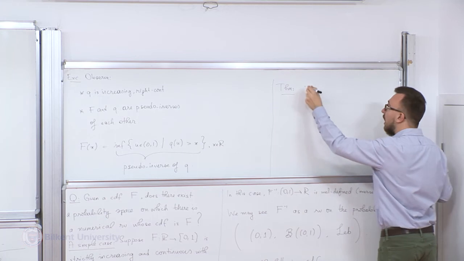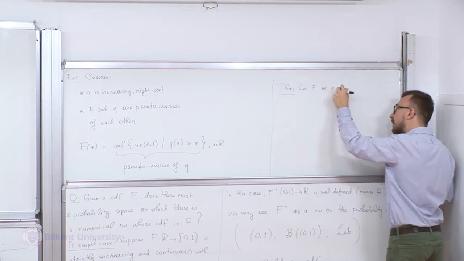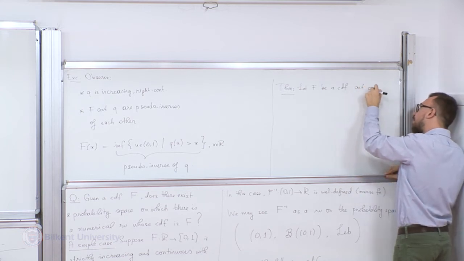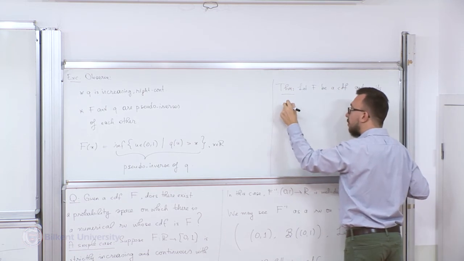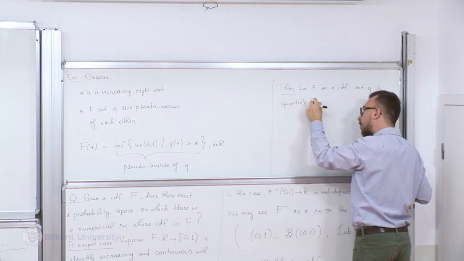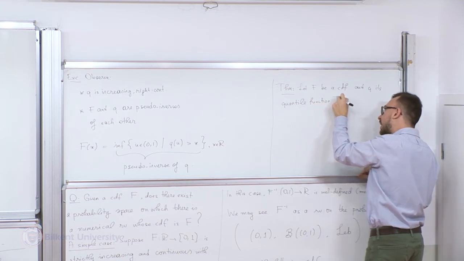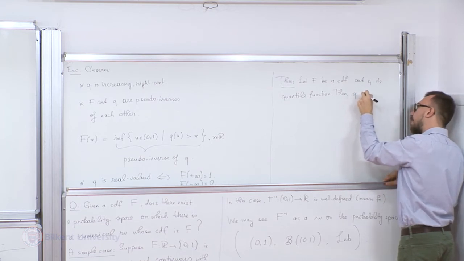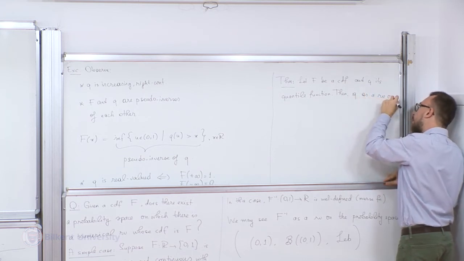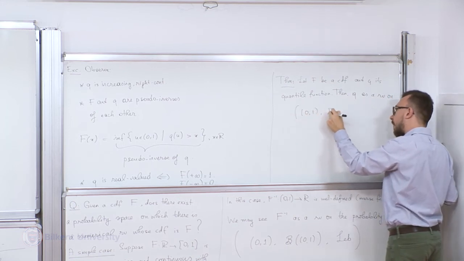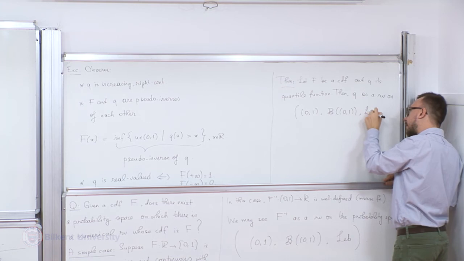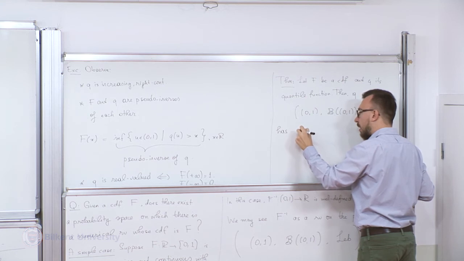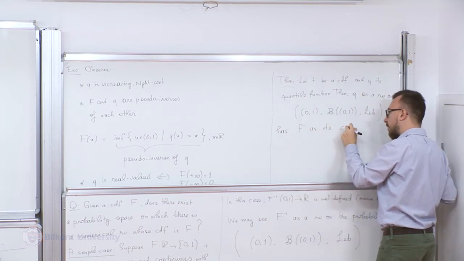So let F be a cumulative distribution function, namely just right continuous and increasing, and Q its quantile function or pseudo-inverse. Then Q, as a random variable on this space, has F as its cumulative distribution function.